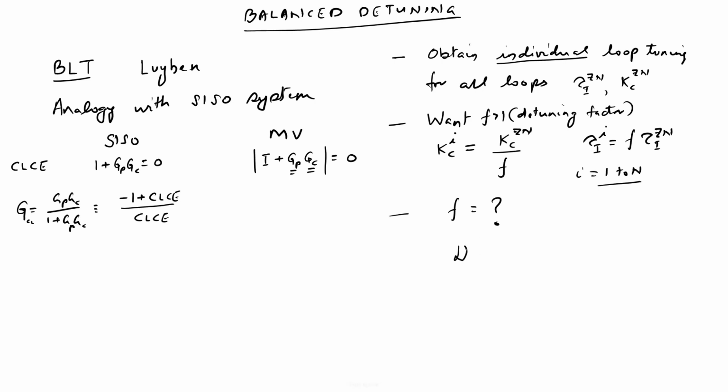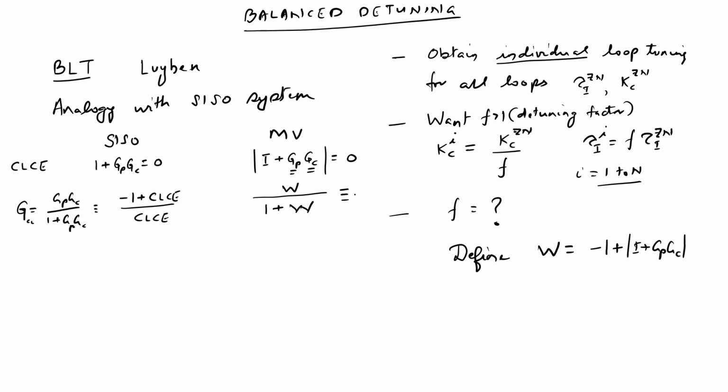So let's define W is equal to minus 1 plus determinant of I plus GP GC, and then by analogy I will define the multivariable counterpart of G whose log modulus I am going to take as W, which is minus 1 plus the closed loop characteristic equation, divided by 1 plus W, which is the closed loop characteristic equation.